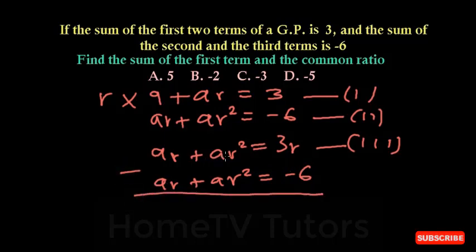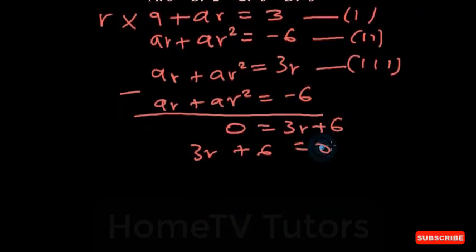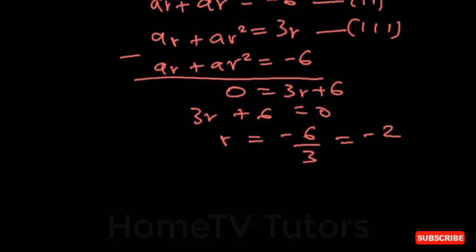AR minus AR is 0, AR square minus AR square is 0, equals 3R minus minus 6, which we now change to plus. So we have 3R plus 6 equals 0. So R will be equal to minus 6 divided by 3, which gives us minus 2. So the common ratio now is minus 2.